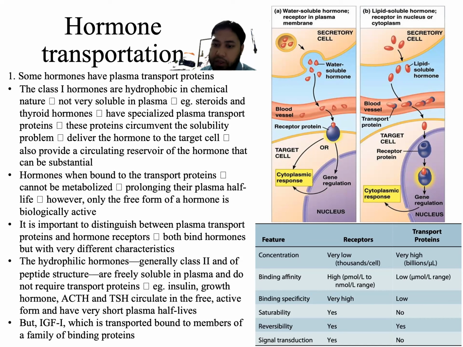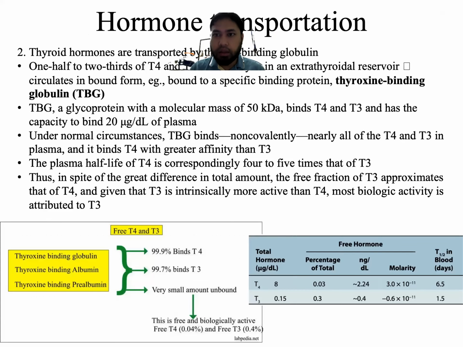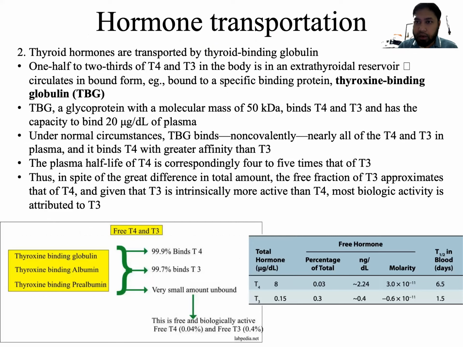Binding affinity means how strong they can bind, right? How strongly they are glued or attached to the hormones. For the receptor and water-soluble hormones, they have very high binding affinity, meaning they stick together very strongly. But for the transport protein, it is very low, easily detachable. So that's the characteristic of the lipid and water-soluble hormone. When we call water-soluble, it refers to the peptide, peptide hormone or protein-based hormones.